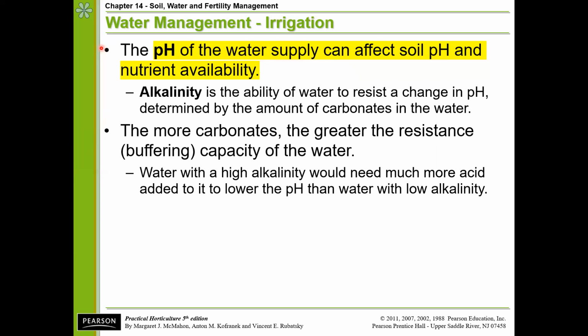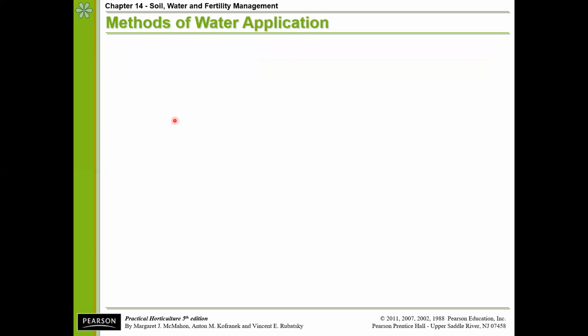I'm sure that's different per location. Ours is a little bit above that because a lot of that natural groundwater and surface water, the rivers, are flowing through a lot of areas that have a lot of limestone, which gives more carbonates, which raises that pH and also changes the buffering capacity of the water, which means that we have to add more acid to it to lower the pH than we would if it were at a lower natural alkalinity.